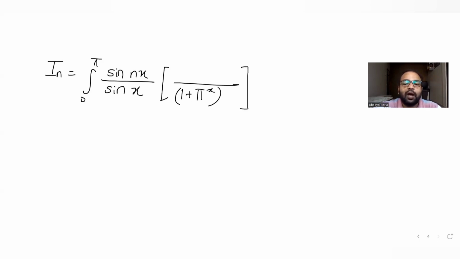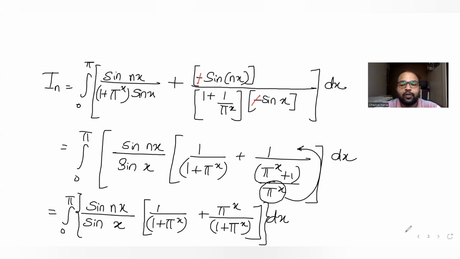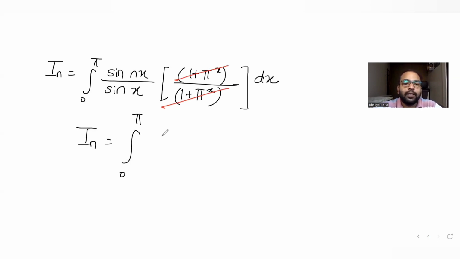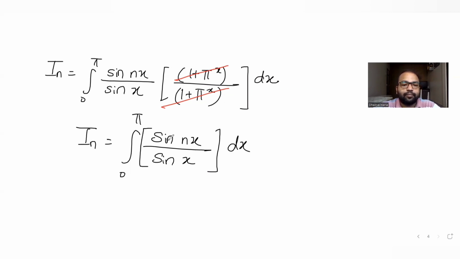In the numerator you have two expressions, 1 and pi raised to x, and you add them, with dx. These two terms get cancelled out and you are left with In being the integral of 0 to pi of sin nx upon sin x. So you get this as the value of In.